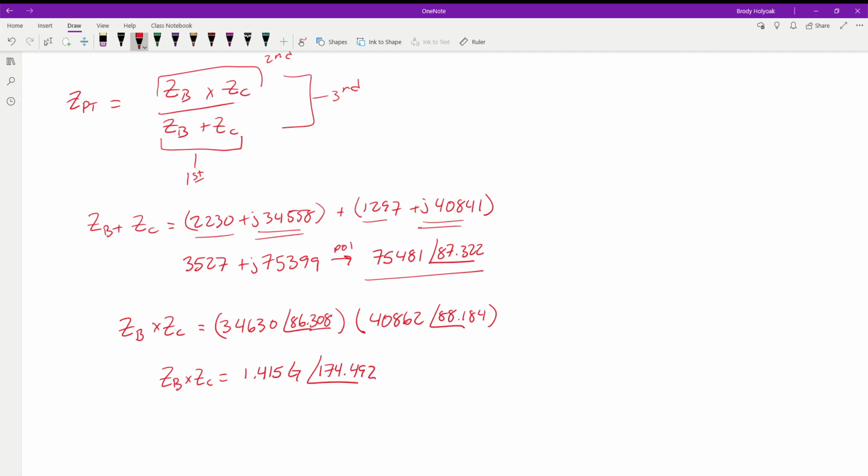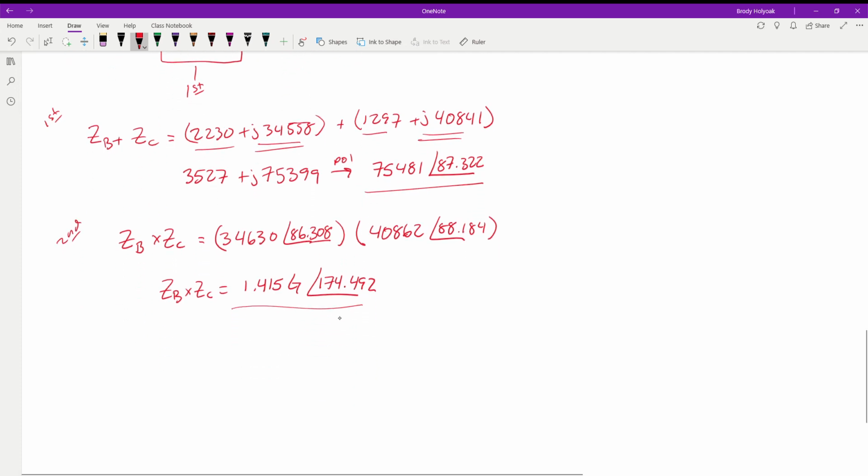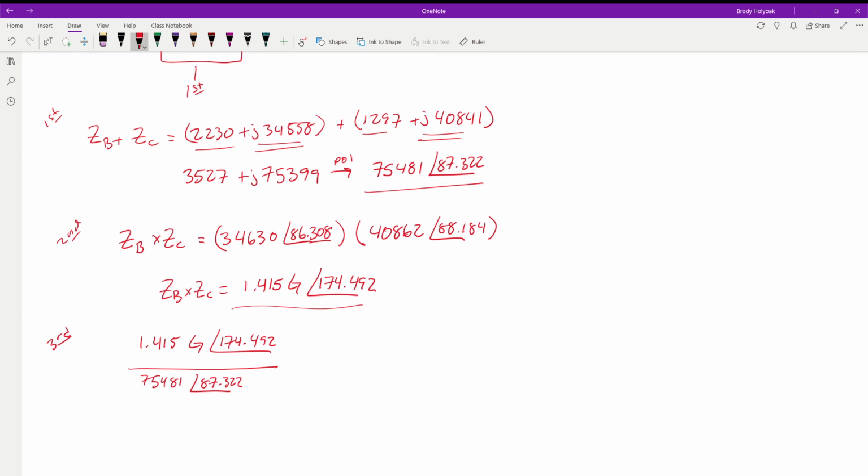Okay, so now that we have that value and we have this value, now we can go through and do our third. So this is our first calculation, this is our second calculation, and now we need to do our third calculation. So we take the 1.415 gig, which is 10 to the 9th, at an angle of 174.492. We divide that by this value we got from our first equation, the 75,481 at an angle of 87.322.